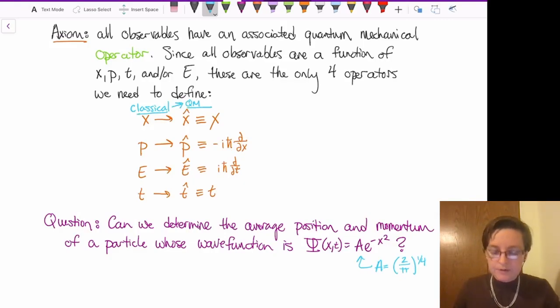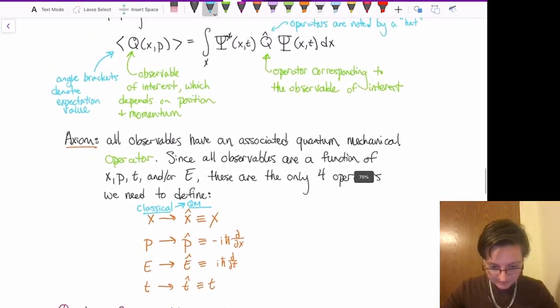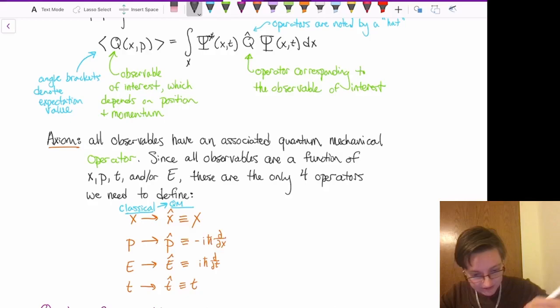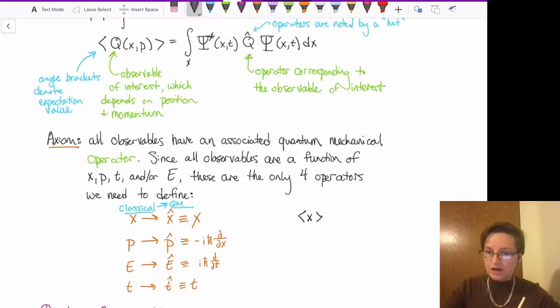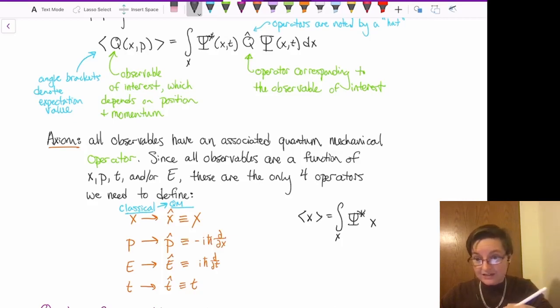So our x operator is boring. It is x. So if I was using Ehrenfest's theorem to talk about this operator, I would just write out that the expectation value of x, where on the left, because I'm talking about a classical observable, I'm going to use the left-hand part of my little mapping table, is equal to the integral over all space of psi star x psi dx, because Q hat is x hat in this case, and x hat is just x, again, because it's the most boring operator.